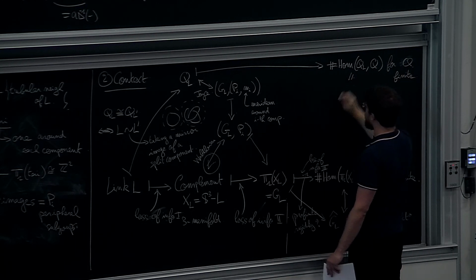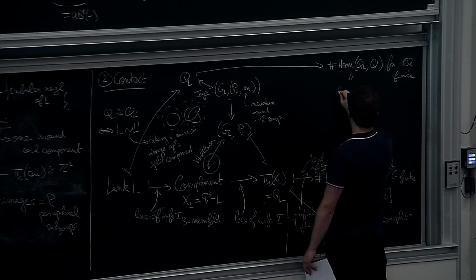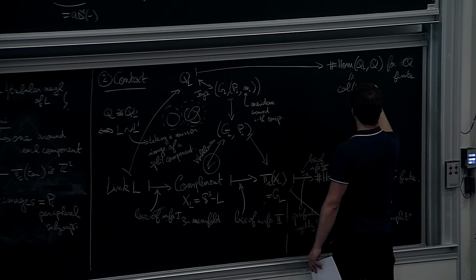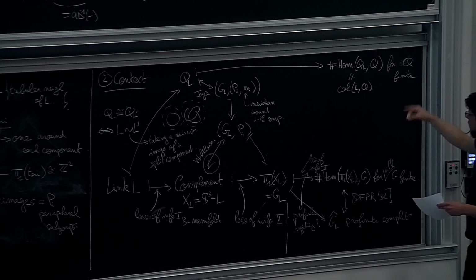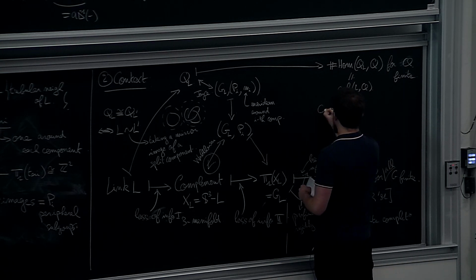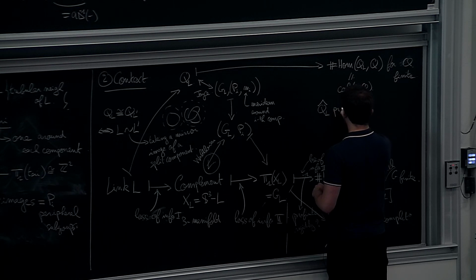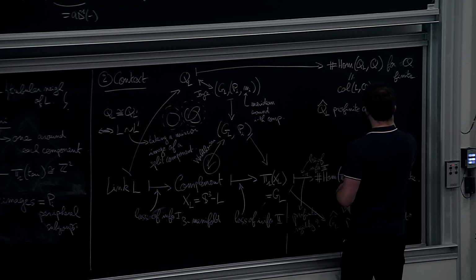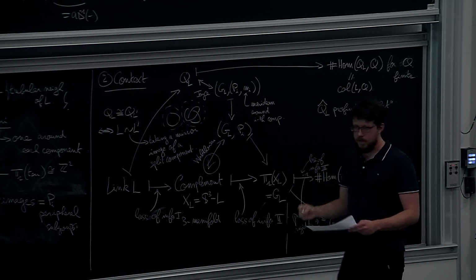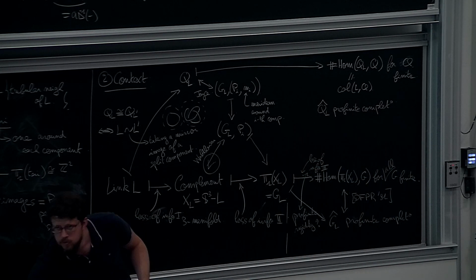And as I just said, this is the number of colorings of L by Q. And actually, this is the same as what I will define in a moment, which is the profinite completion of the quandle, if I look at this for all finite quandles.